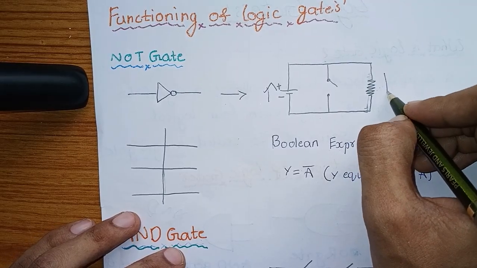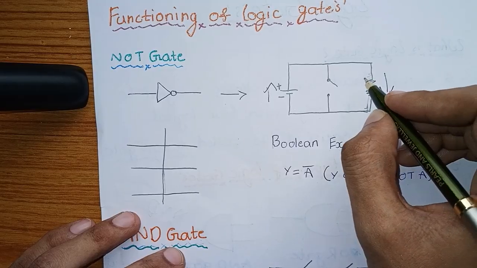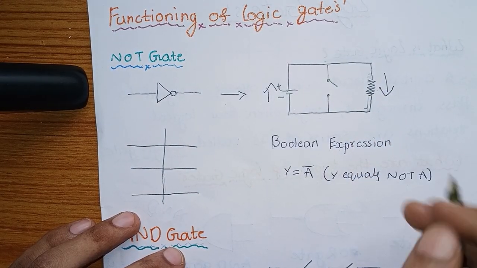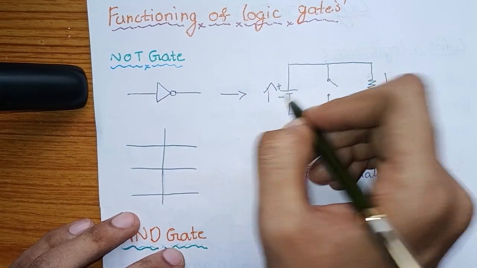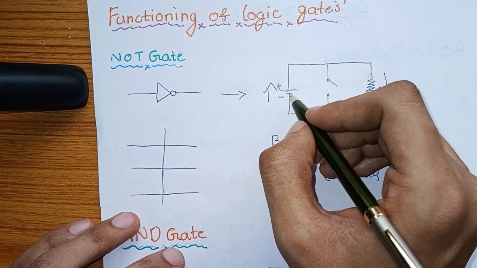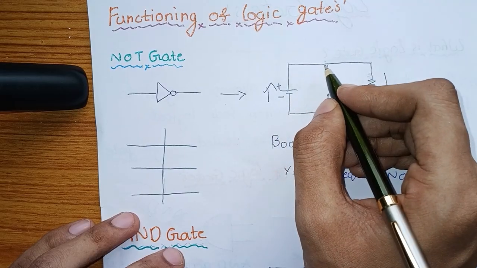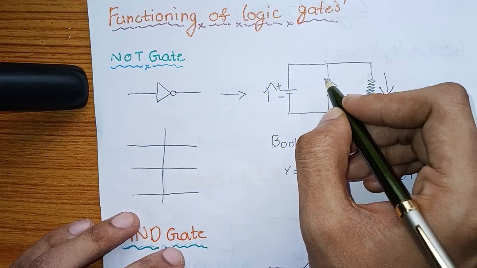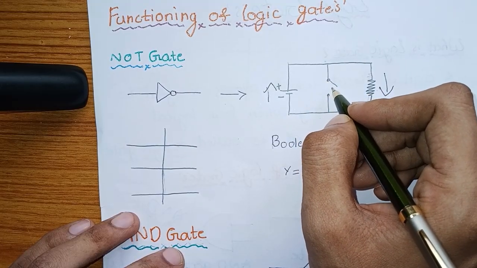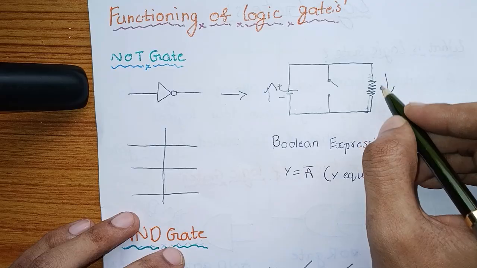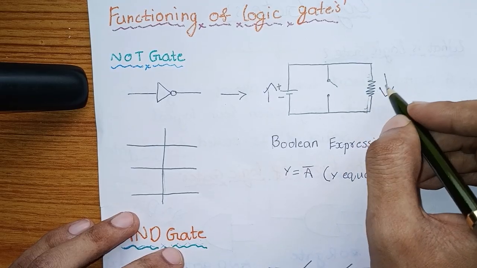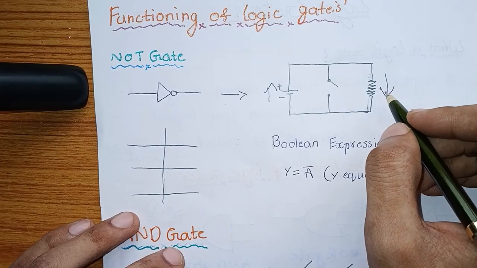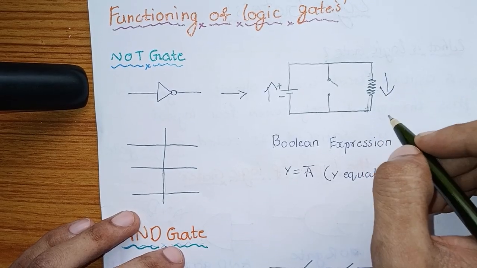Which means the voltage is low here, and the resistor is getting enough voltage that it can sustain. If a battery is producing a high voltage, then it will break the switch. The switch will be opened and on the side of the resistor the voltage will be less. It means it will prevent the resistor from burning out.